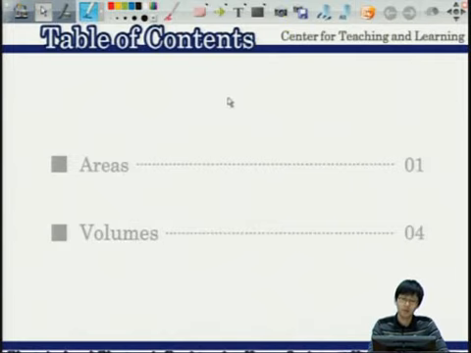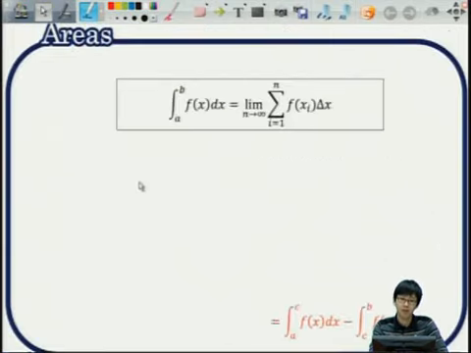The topic of this lecture is areas and volumes. These two areas, I've introduced this in the last lecture a little, but there will be more hard things here. Before we start, did you memorize this?